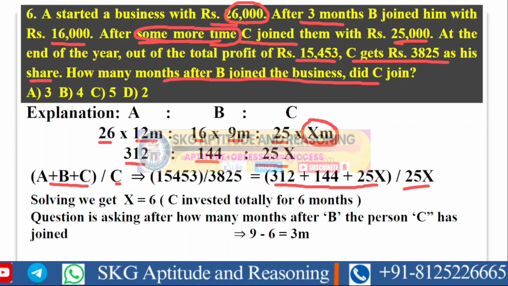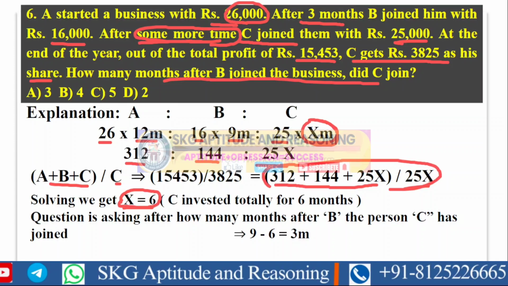If we simplify this equation, we get the x value to be 6 months. This x value being 6 months means C invests only for 6 months.